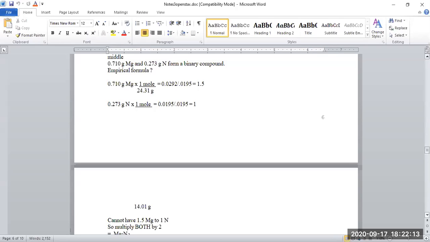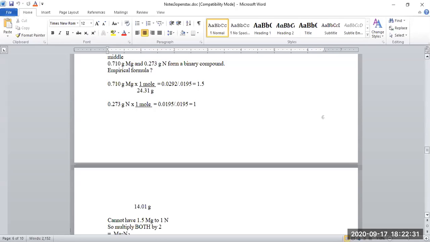Well, okay, generalized rules of math imply that you are supposed to round up. 0 to 4, round down, 5 to 9, round up. You're not allowed to do that with empirical formulas.